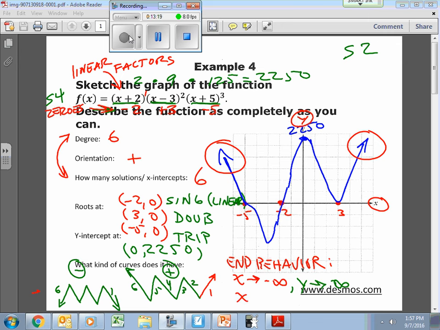When x is going that way, what happens to the arrow? That will be called your end behavior. What are the arrows doing on either end? When they go towards negative infinity, what's the arrow doing? As we go towards positive infinity, what's the arrow doing?